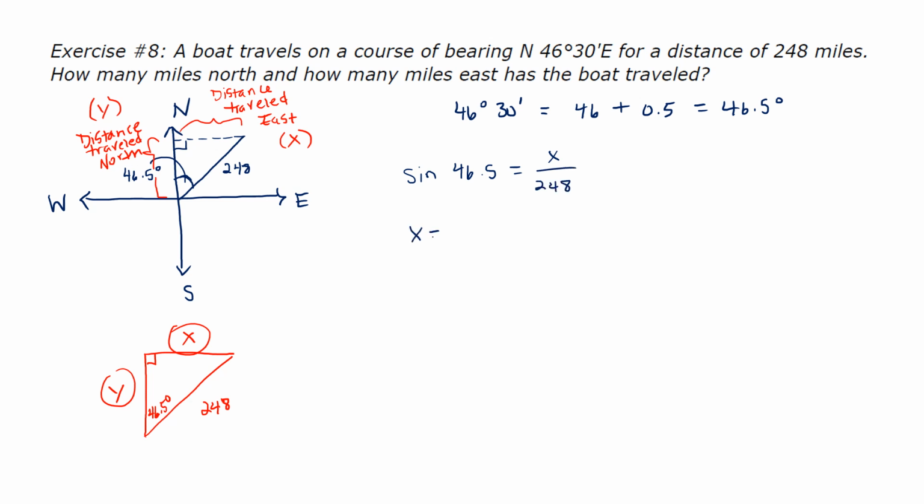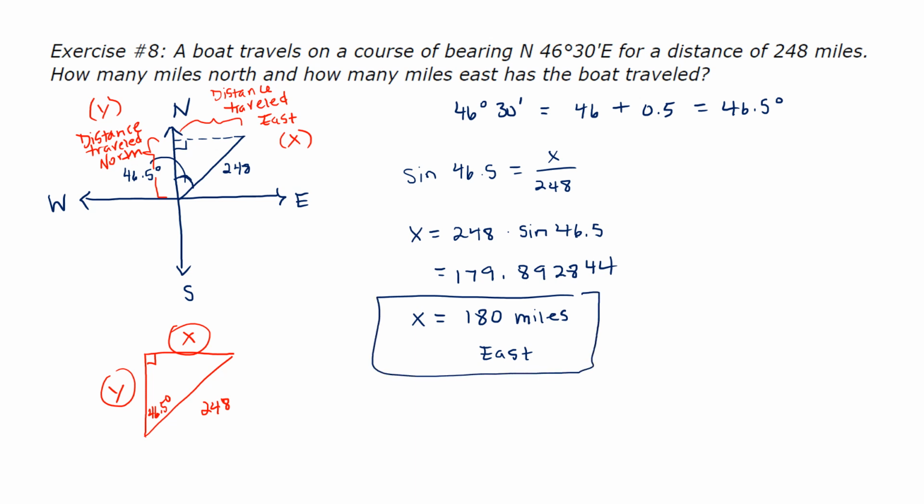So x is going to equal 248 times the sine of 46.5. When you plug this into the calculator, you'll get 179.892844. Rounding to 3 significant digits, we'll have 180 miles. X represents the distance traveled east, so this would be 180 miles east.